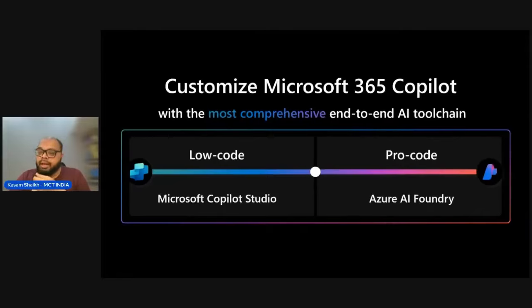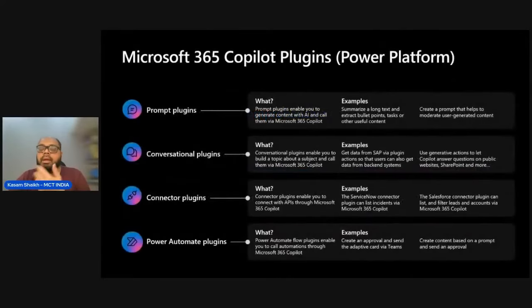When you are looking to customize, tailor, or extend Microsoft Copilot, you can also use Azure AI Foundry for more sophisticated scenarios. So there are multiple ways that we can extend Microsoft 365 Copilot with Copilot Studio.